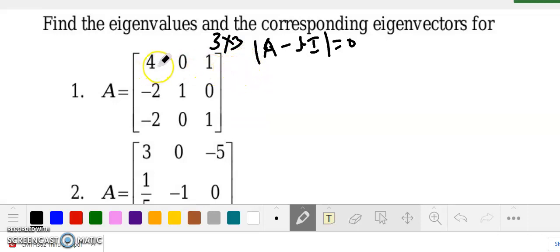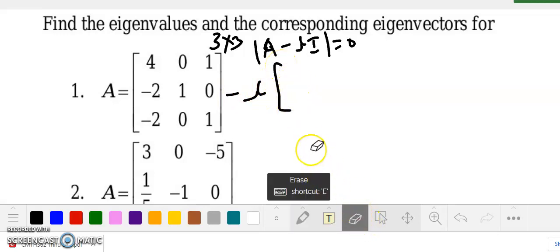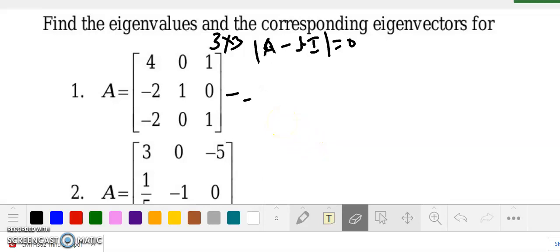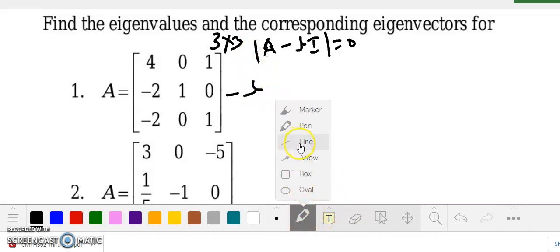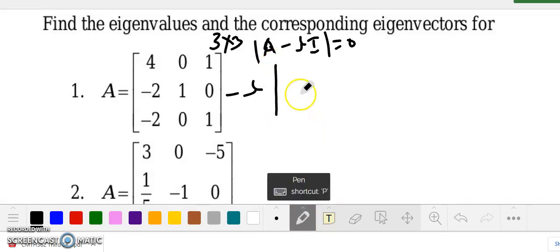So this is simply going to be equal to matrix A minus lambda I. This could be 4 minus lambda, because if you open up, you have your lambda outside, multiplied by the identity matrix.